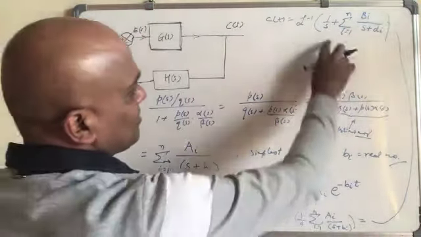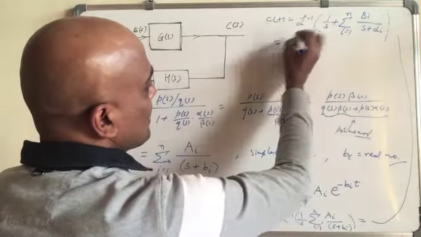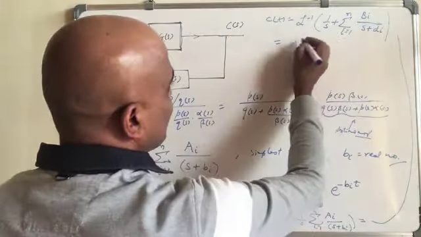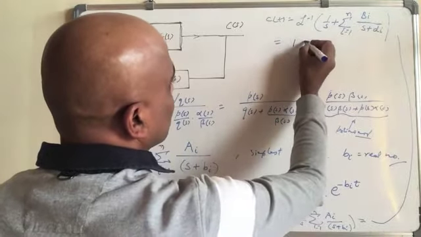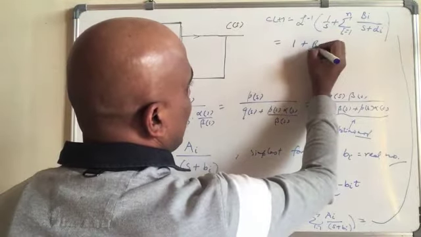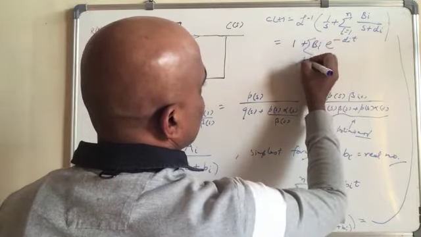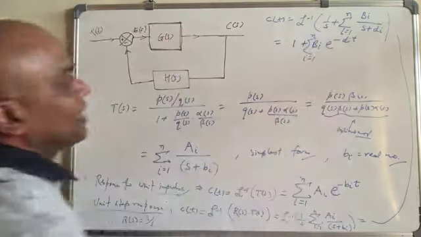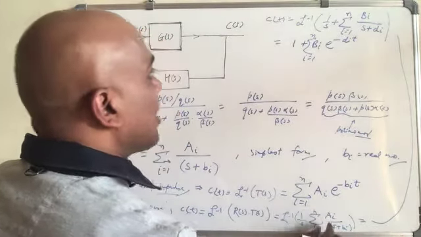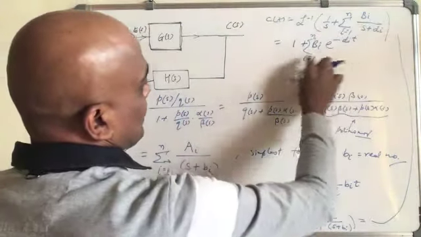This we can factorize, and then if you take the inverse Laplace, you can find the other values. What we get in this case is 1 plus the summation for i equal to 1 to n of b_i e to the power minus d_i t, and the solution will be like this.